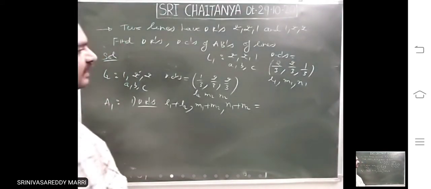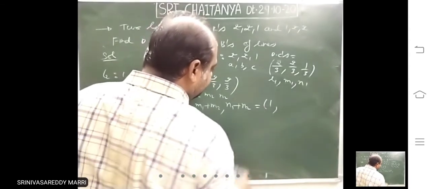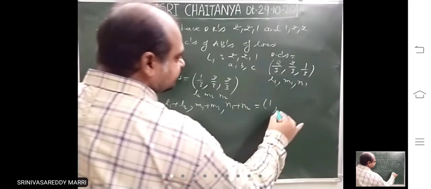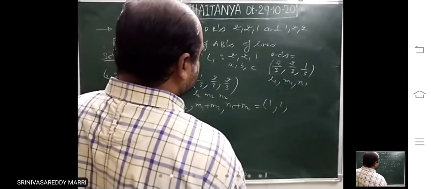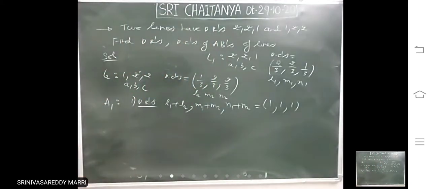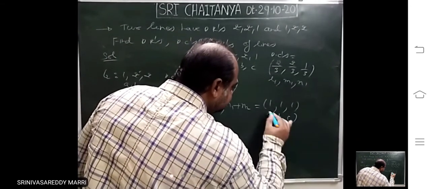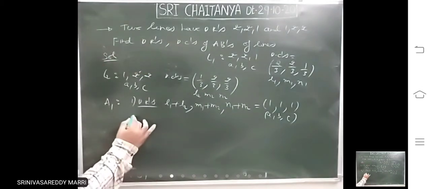The DRs are 2 by 3 plus 1 by 3, which is 1, comma, 1, comma, 1. So these are the DRs. That means for A1, these are A, B, C. DRs and DCs I got. Now the DCs of A1.